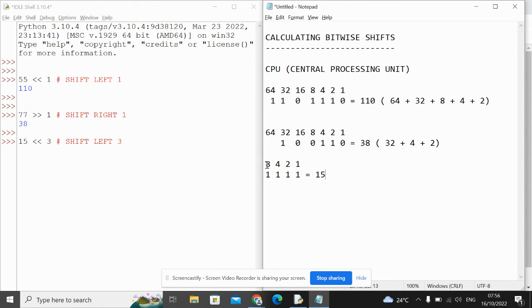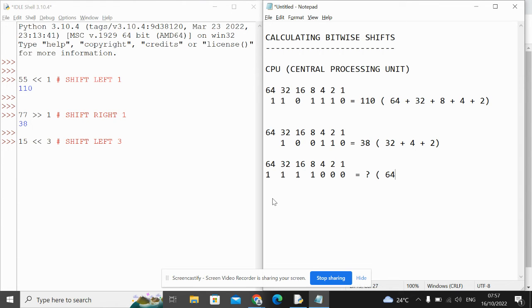So what's happening is the bits are now getting shifted not just one place to the left, but 3 places to the left. This means 3 extra zeros are added.